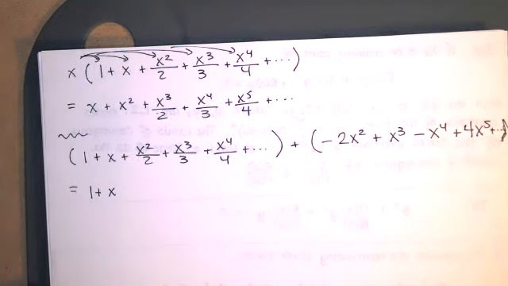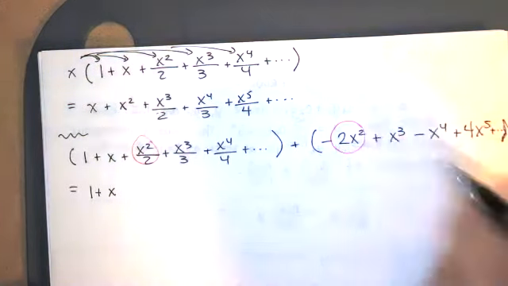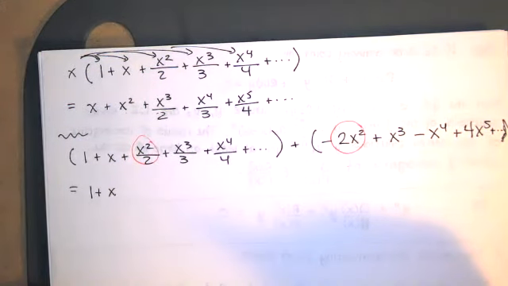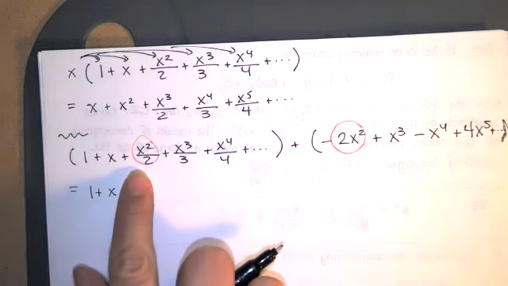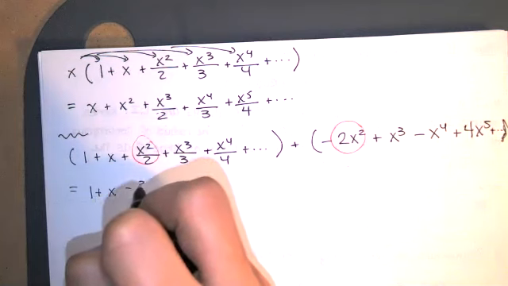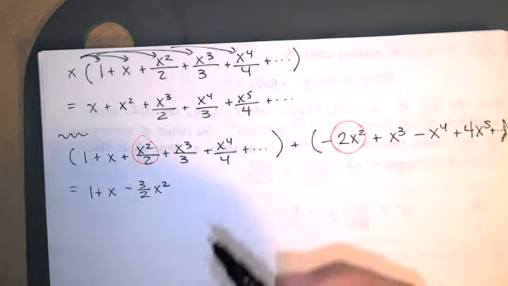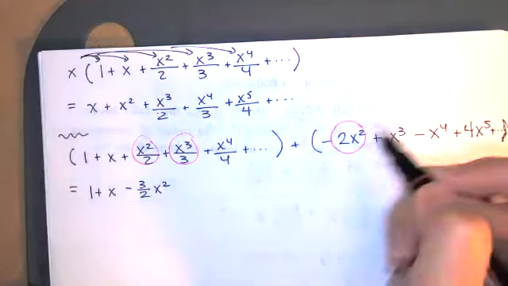But then once I start looking at the x squared terms, I see I've got 1 over here and 1 over here. Well, then I'd have to add like terms. Well, if I've got half of an x squared and I'm subtracting 2 x squareds, that's going to give me -3 over 2 times x squared. And I would do the same thing for the x cubed terms.